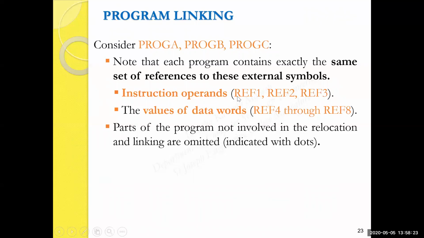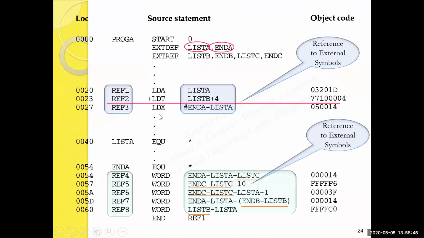So we have marked those external symbols that appear as instruction operands explicitly as reference 1, reference 2, and reference 3, while the external symbols that appear as values of data words are marked as reference 4 through 8. So you may see that each program has exactly the same set of references to the external symbols.